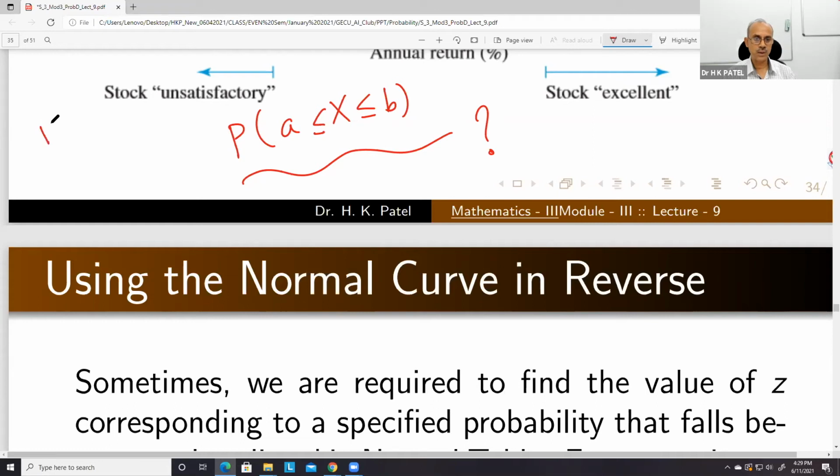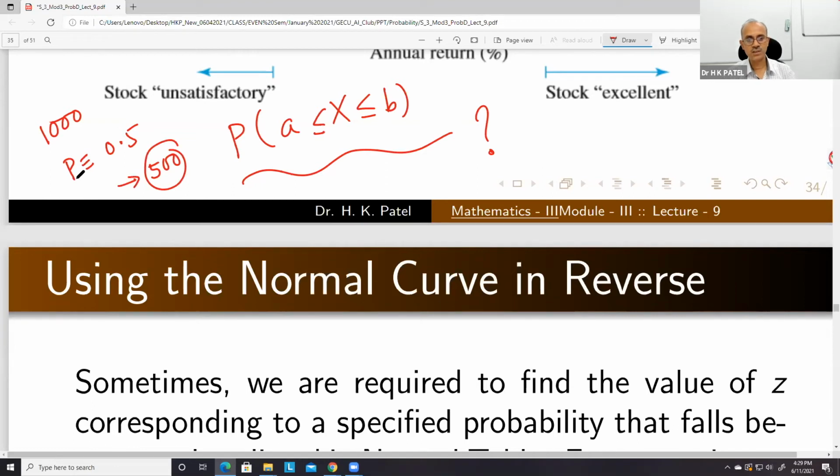Suppose we have say 1,000 students, and you know that the probability of passing an examination is 0.5. Then you can calculate the number of students passing the examination, that is just the total number multiplied by the probability, and that will be equal to 500.